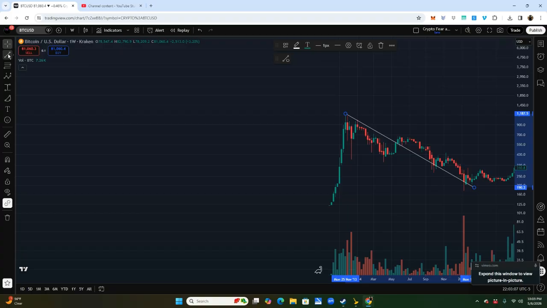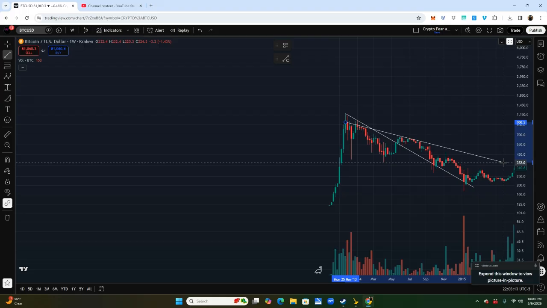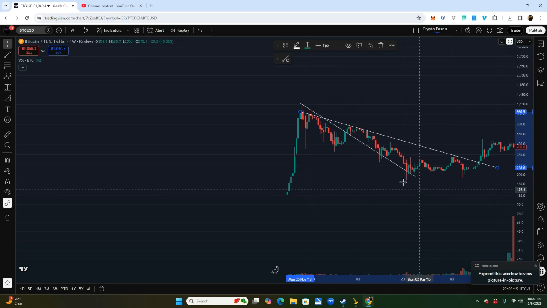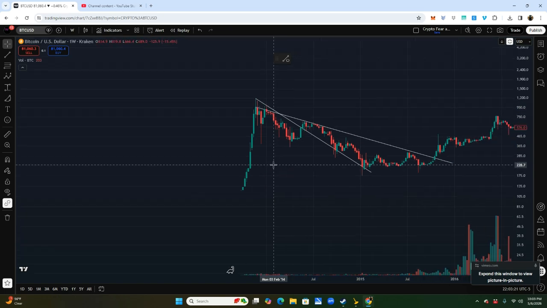Okay, now if you don't use wicks, you would have a trend line that looks a little bit different. So it kind of just depends. You kind of want to draw both of them and just see how they relate to the price action.